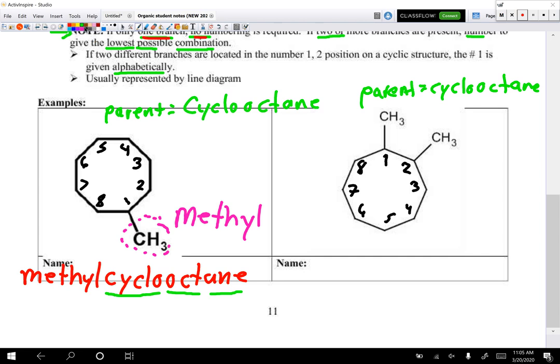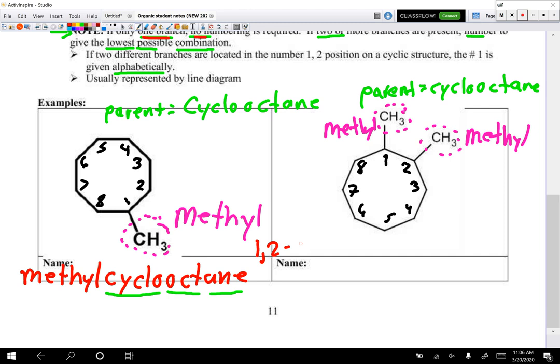And now for my branches, we can tell we have this one right here, which is 1 carbon, and this one right here, this is 1 carbon, so these are methyl. Now to name it, because we have more than one branch, we actually need to include the position and the names of our branches. So we have methyls off carbon 1 and 2, so I'm going to start by writing 1,2, dash.